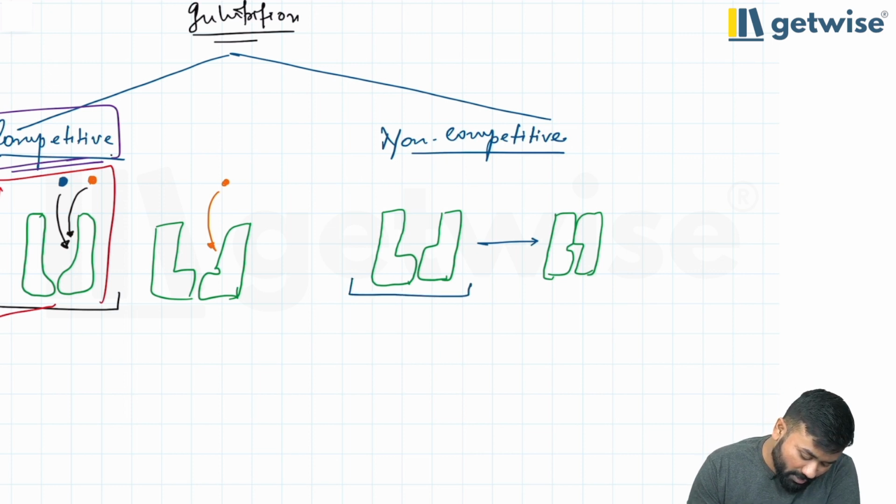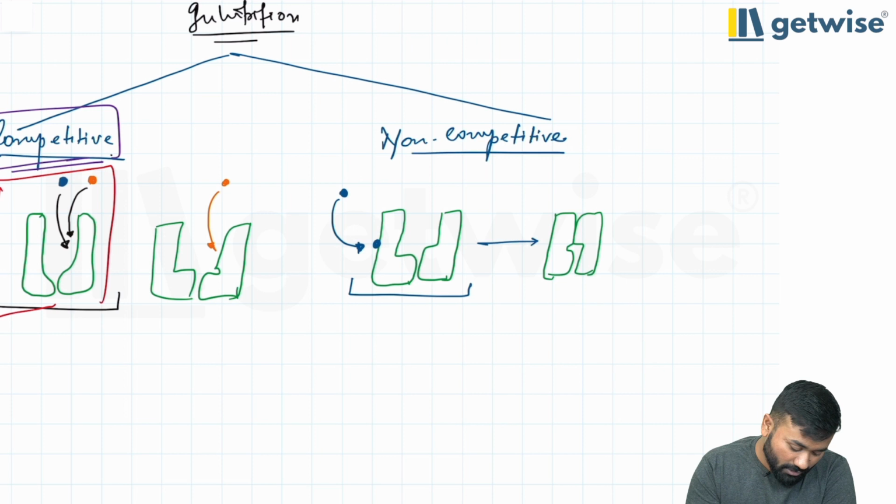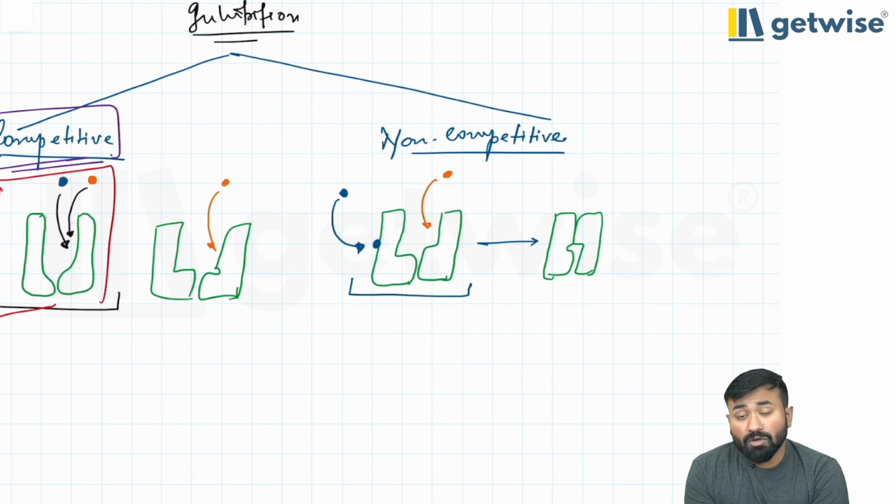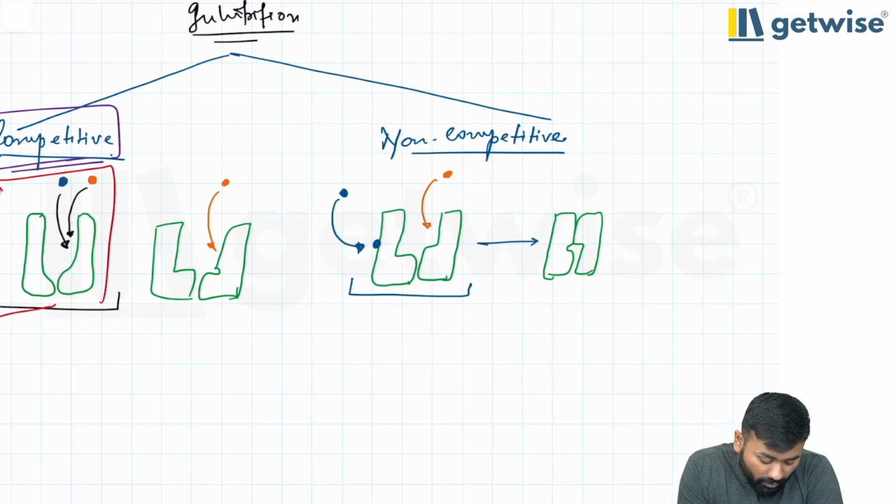In non-competitive inhibition, there is a molecule that will bind to a site apart from the receptor site. So this time this blue molecule will bind on this site, and the original receptor site is this. But what happens when the blue molecule binds on the allosteric site?